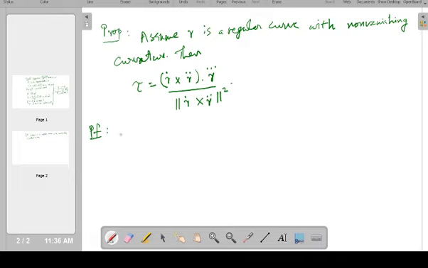I will divide the proof into two parts. Case 1, gamma is unit speed.